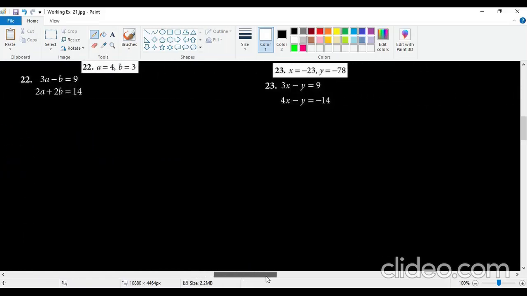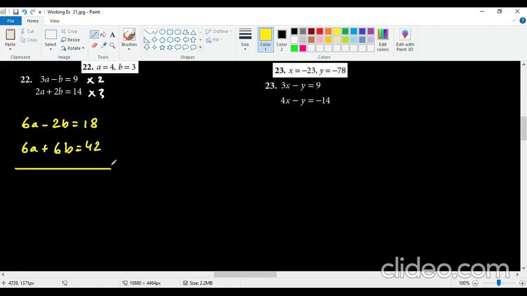Moving on to question number 22. In here, I'm going to multiply this equation by 2 and this equation by 3. So the first equation turns to 6a minus 2b equals 18, and this is going to become 6a plus 3 times 2 is 6b, and 14 times 3 is going to give us 42.